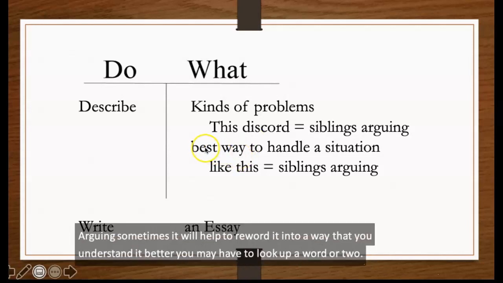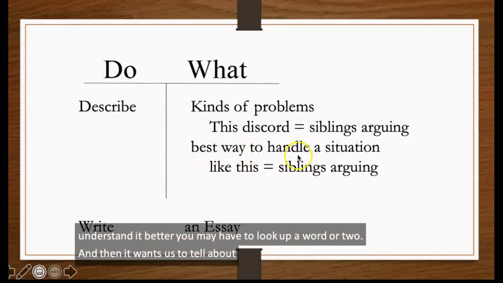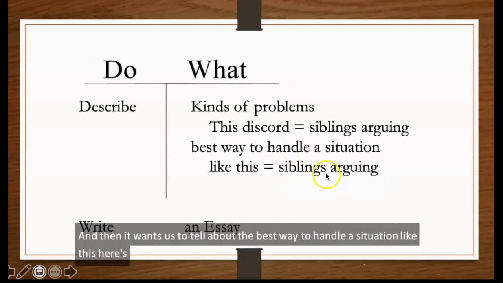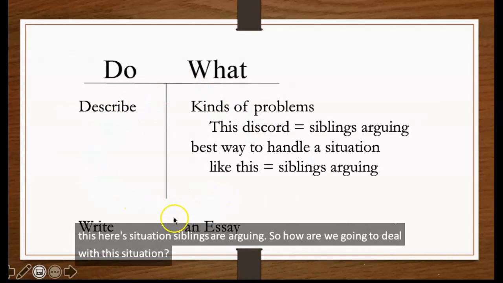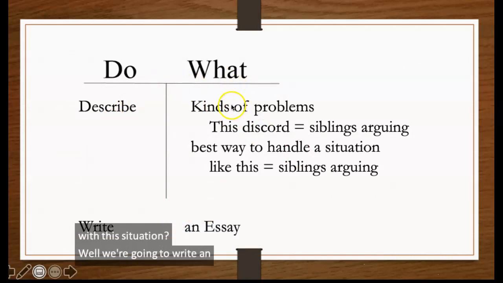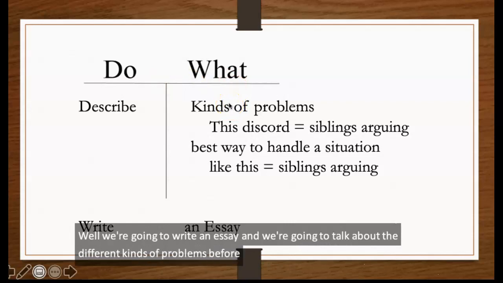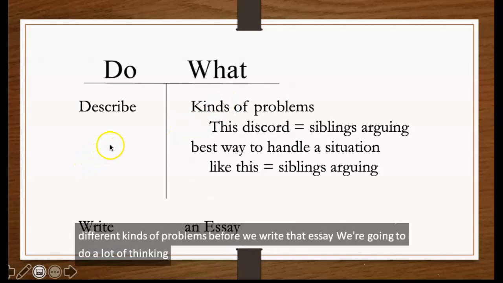And then it wants us to tell about the best way to handle a situation like this. Here's a situation. Siblings are arguing. So, how are we going to deal with this situation? Well, we're going to write an essay, and we're going to talk about the different kinds of problems. Before we write that essay, we're going to do a lot of thinking and brainstorming.